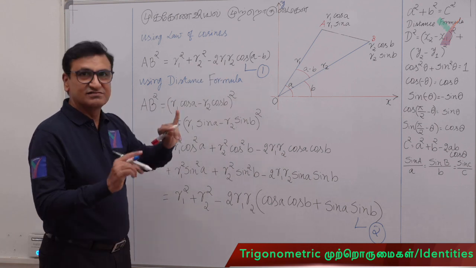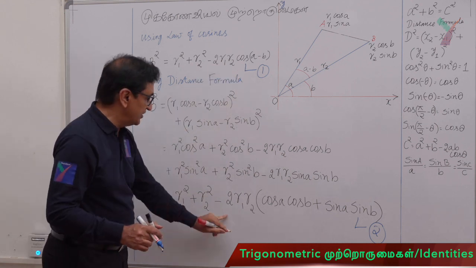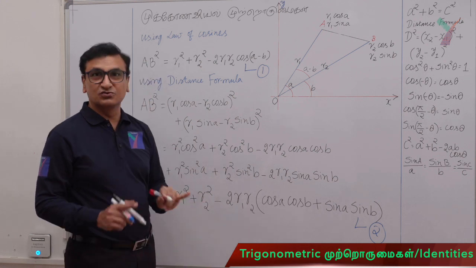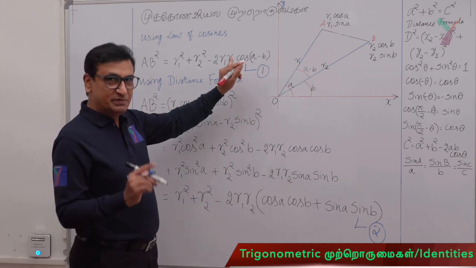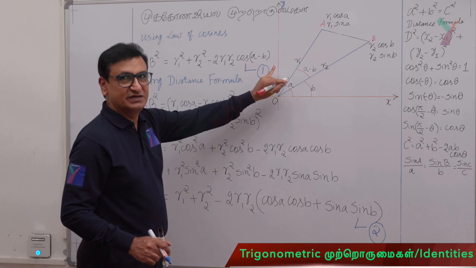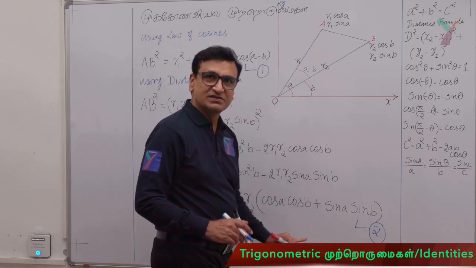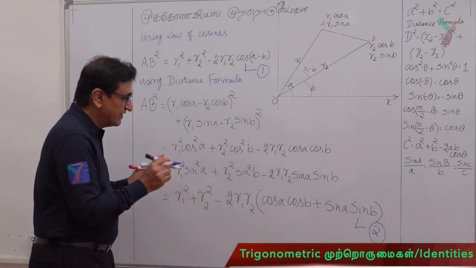Then you can cancel out minus 2r1 r2 and minus 2r1 r2. What is left out? You will be left out with cos a minus b equals cos a cos b plus sin a sin b. This is what you will get when you simplify the whole thing.